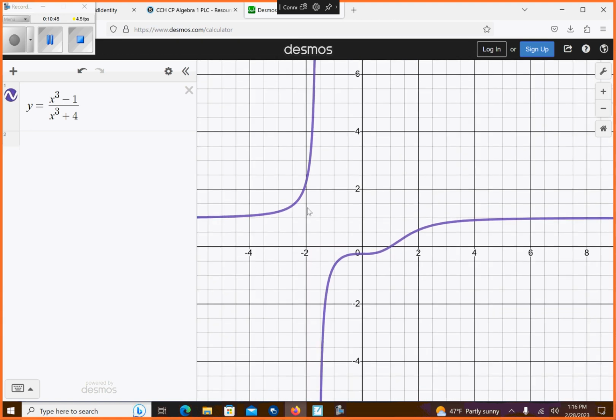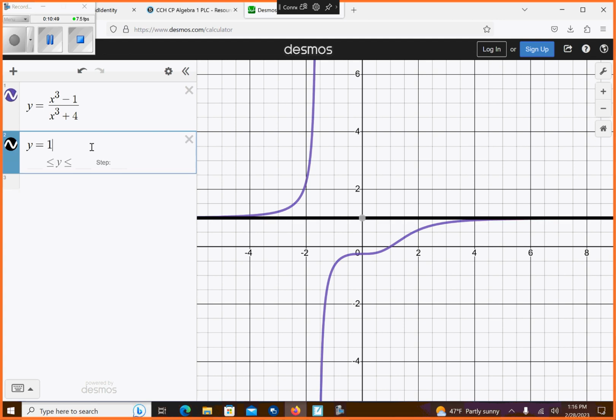So what horizontal line does it look like we are getting really close to? If I go y equals 1. Yeah, we're getting to 1. Basically, how you look at that is if you plugged infinity to the top and infinity to the bottom, infinity minus 1 and infinity plus 4 is basically 1 over 1. So that'll take place just nicely there.